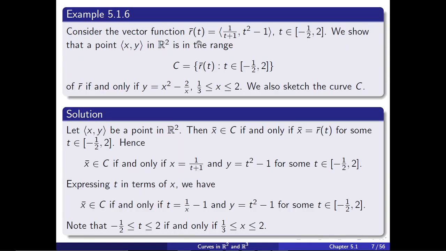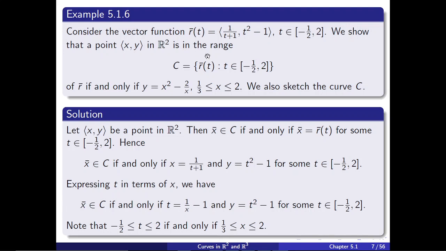So consider the vector function r of t, which is 1 over t plus 1 for the first component and t squared minus 1 for the second component, where t is in the interval minus a half to 2.